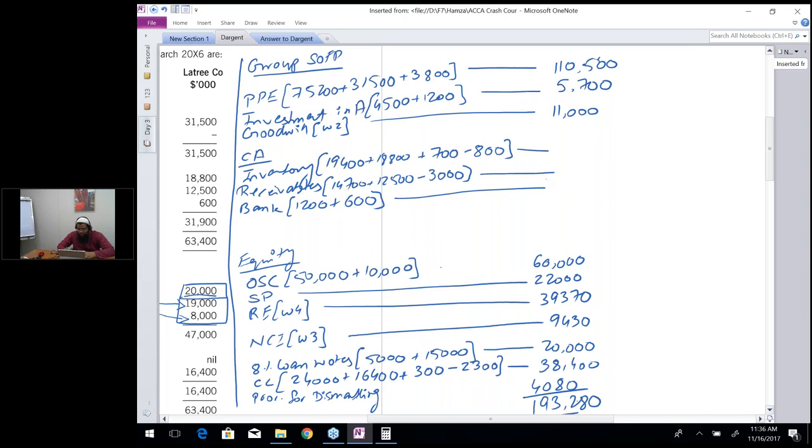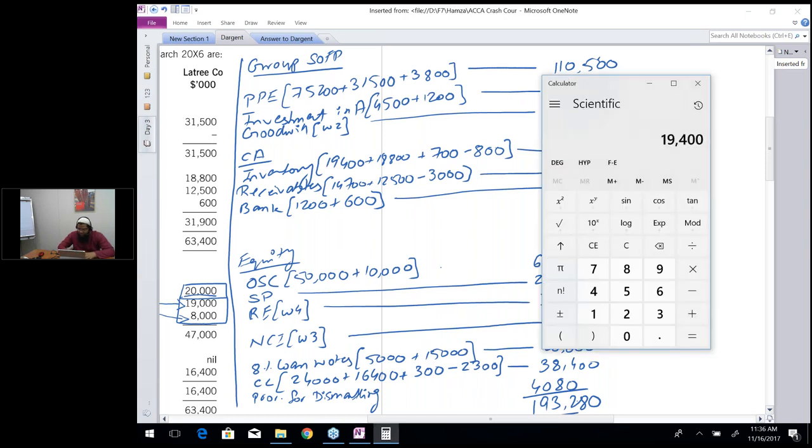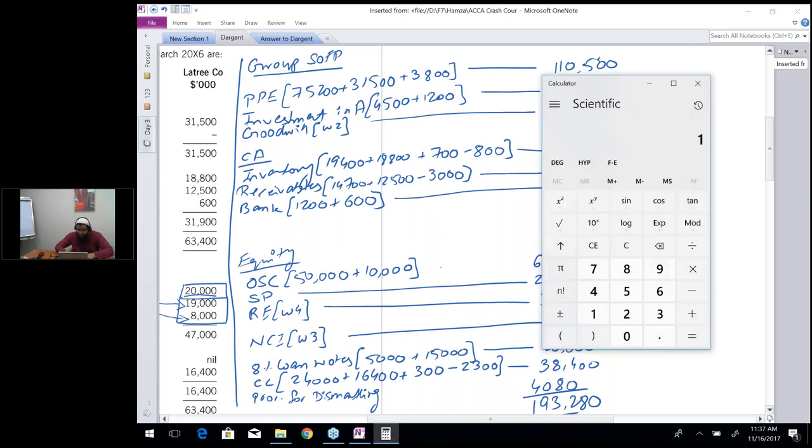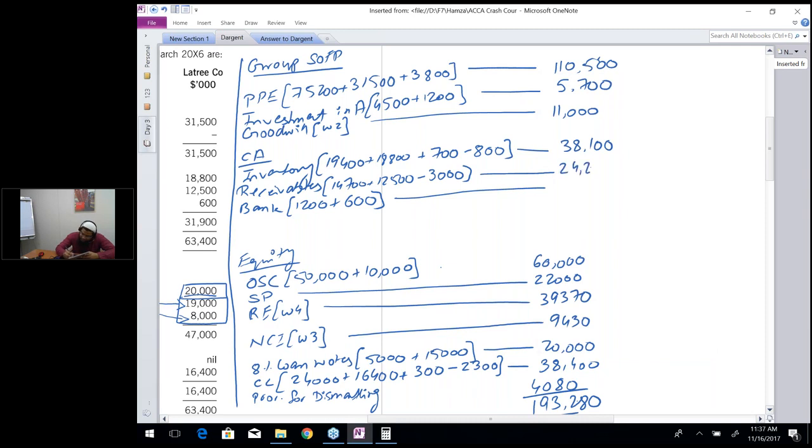And then we have inventory, which is 19,400 plus 18,800 plus 700 minus 800, which is going to be 38,100. Then we have receivable 14,700 plus 12,500 minus 3,000, which is 24,200. And then the bank is actually 1,800, which we can calculate manually as well.